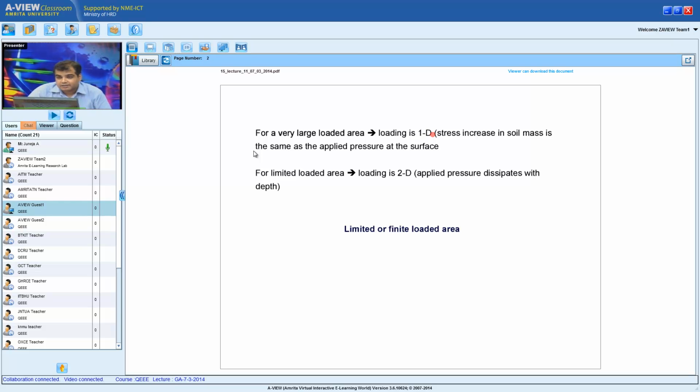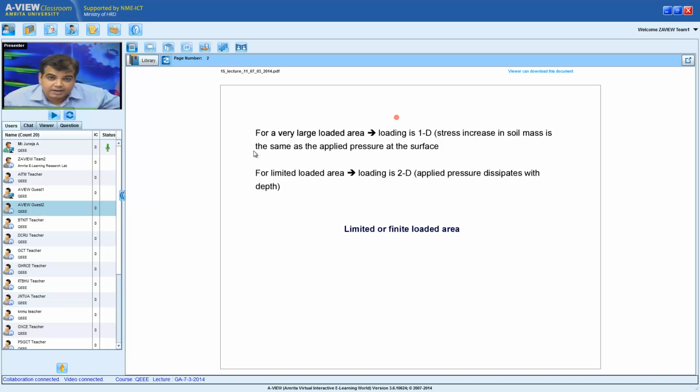So in the previous case, we had an example of a loaded area over a thickness of clay. We can safely say that whatever is the applied pressure is the same pressure in the ground. In fact, that example was for a laboratory test, but you can safely extrapolate it to the field.